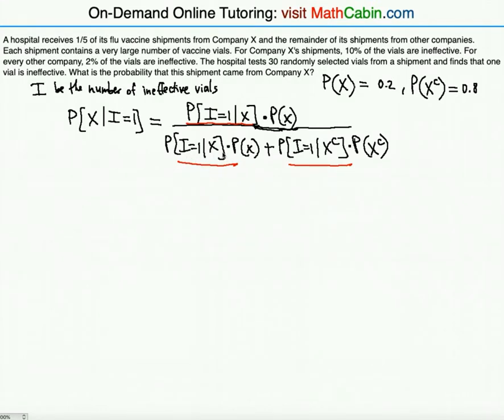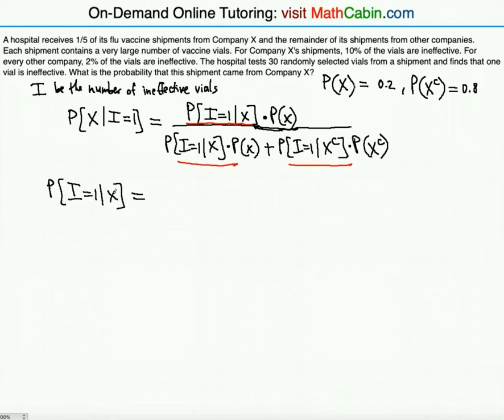So now let's find this part first. We're trying to see, given that the shipment came from company X, what's the probability that there will be one ineffective vial? And notice that some people may be confused. You might be like, isn't that 10%? So isn't the probability that the ineffective will be equal to 10%?